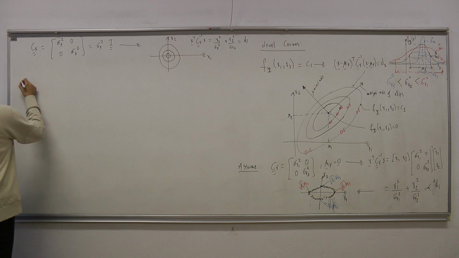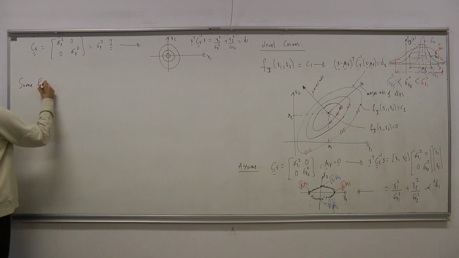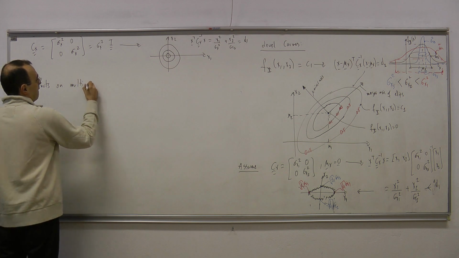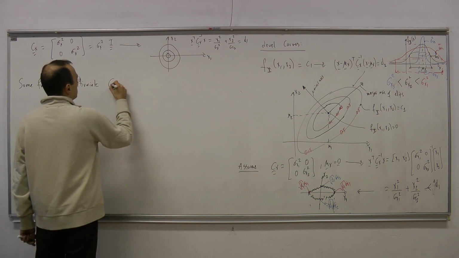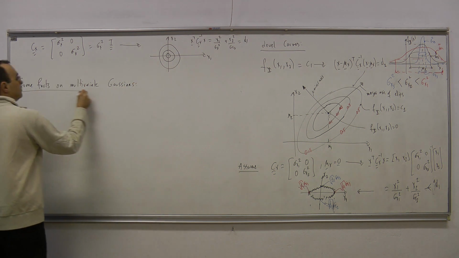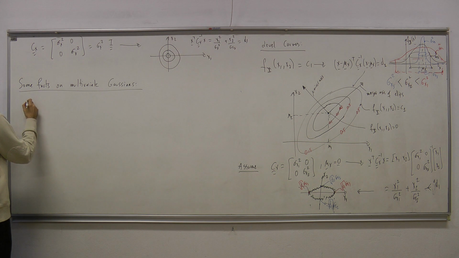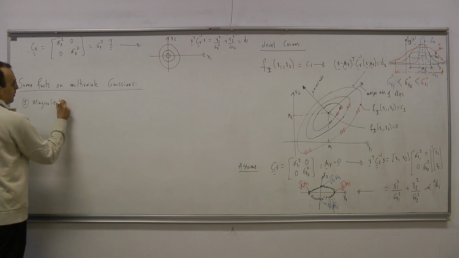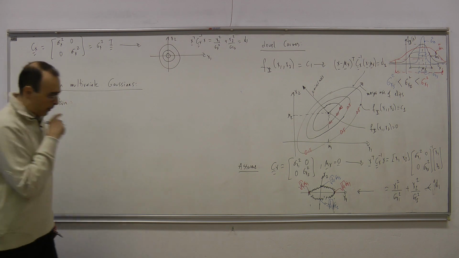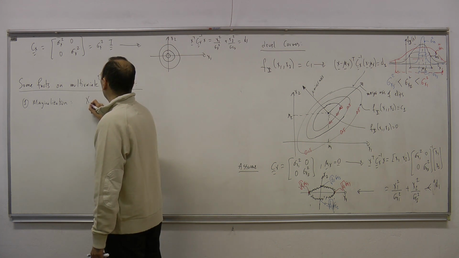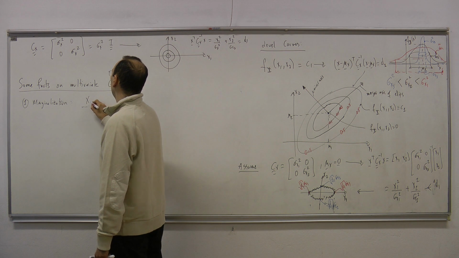Now some facts on multivariate Gaussians. So, marginalization. Let me write it for two random variables.